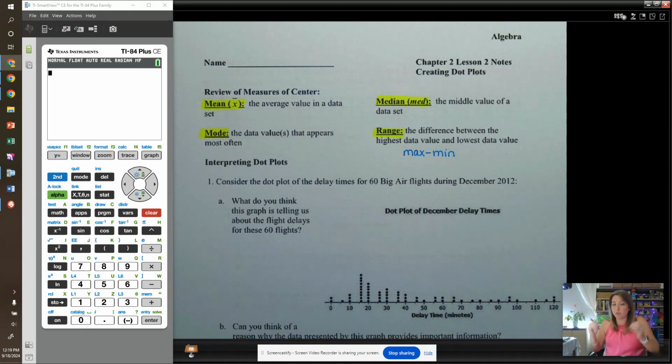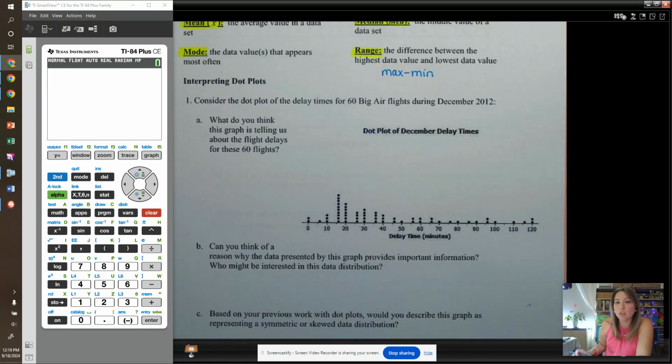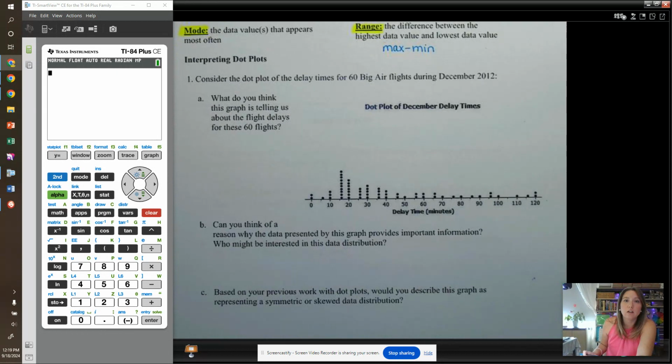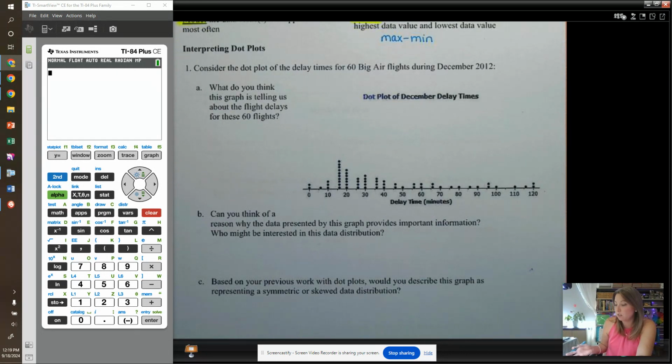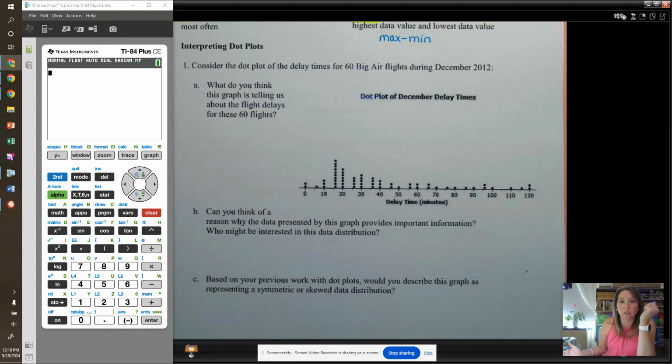Let's start by looking at a dot plot that has been done already. So here is what a dot plot looks like. A dot plot literally has a dot that represents every single data value in a set of data values.